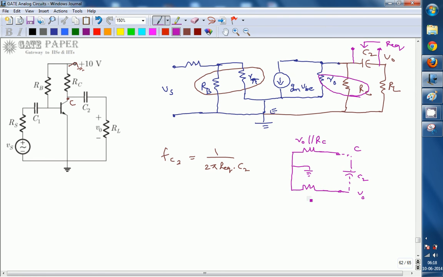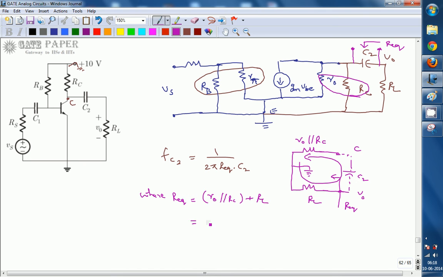Next RL is one more resistor, present between ground and V0. Now R equivalent is simply a series loop, as current flows in this direction. So R equivalent is equal to R0 parallel RC plus RL.